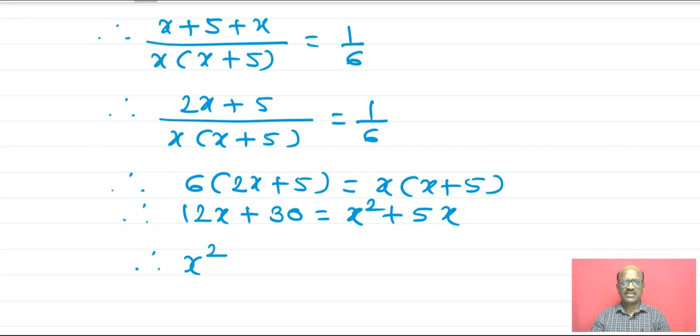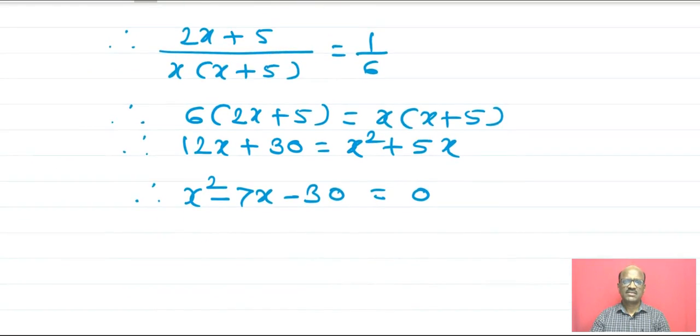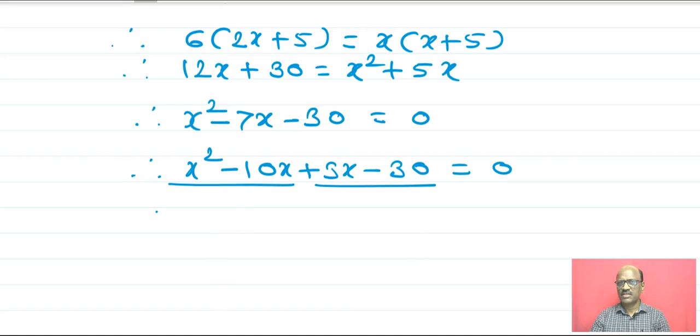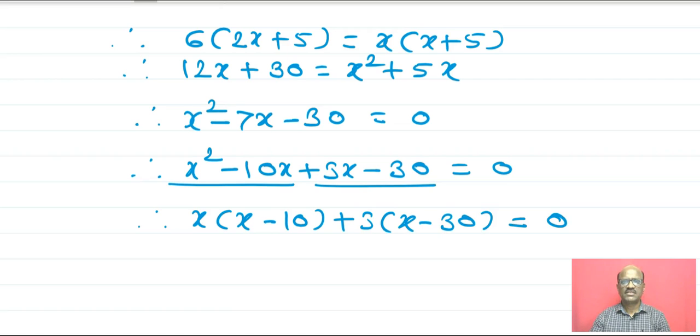Now simplify this. x square plus 5x, that becomes minus 7x minus 30, with 12x and 30 taken to the other side. Minus 12x minus 30, 5x plus 5x... and x square minus 7x minus 30. Now what are the factors? Multiplication should be 30: 10 and 3, minus 10 plus 3.